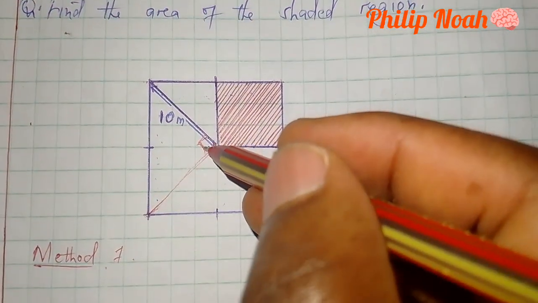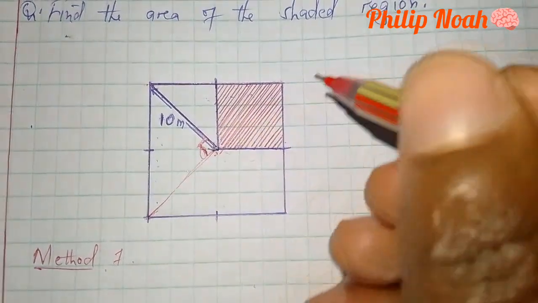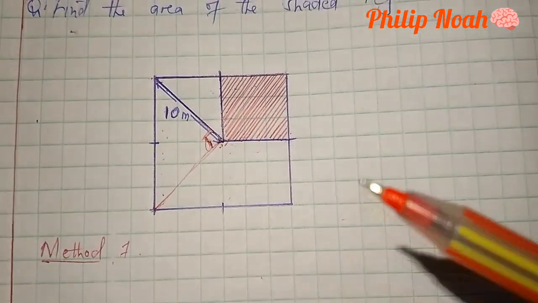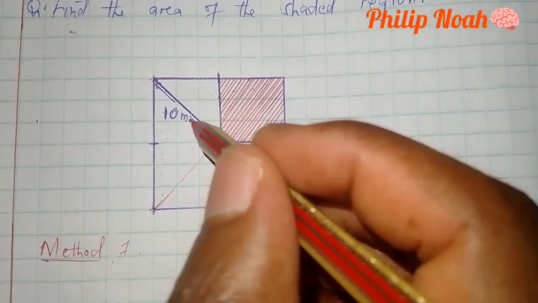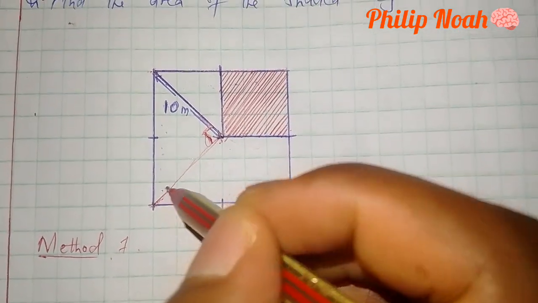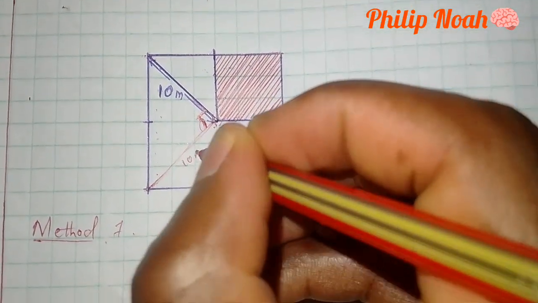And remember that the diagonals of a square are equal. So if from here to here, half a diagonal, is 10 meters, then from here to here is also half a diagonal of this larger square, so it's also 10 meters.